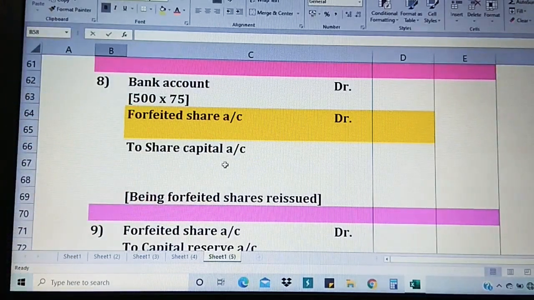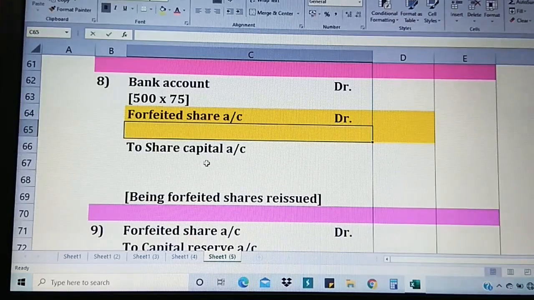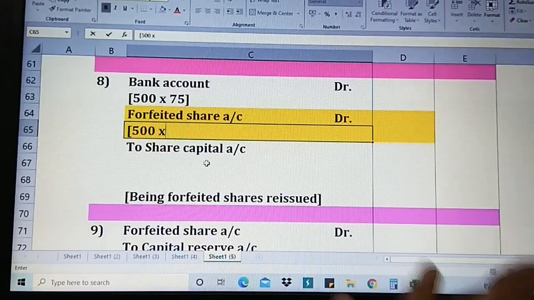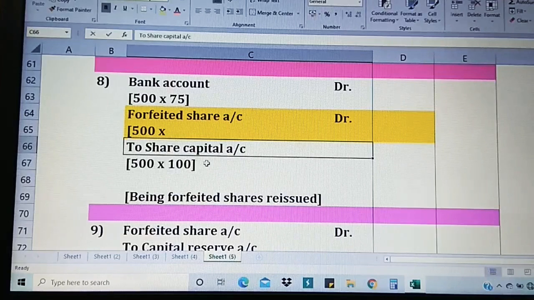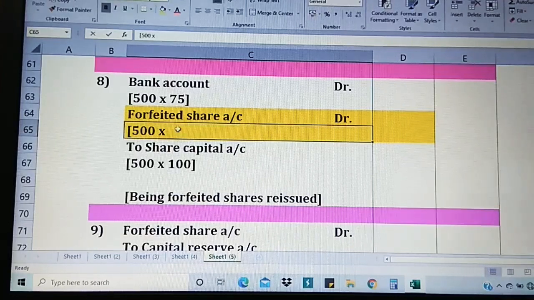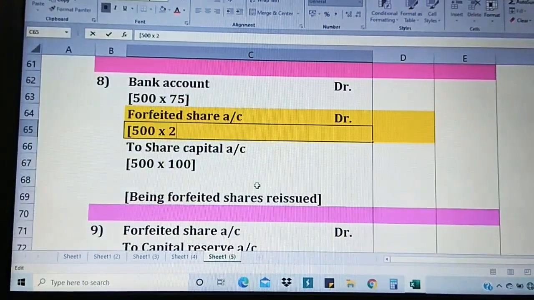Whenever you go for reissue, see that first is bank, next what will be cancelled, and then what is going to be transferred to which account? Share capital account. Now going for the calculation again here. 500 into, this is the face value. Now I guess you people know 100 minus 75 is 25.